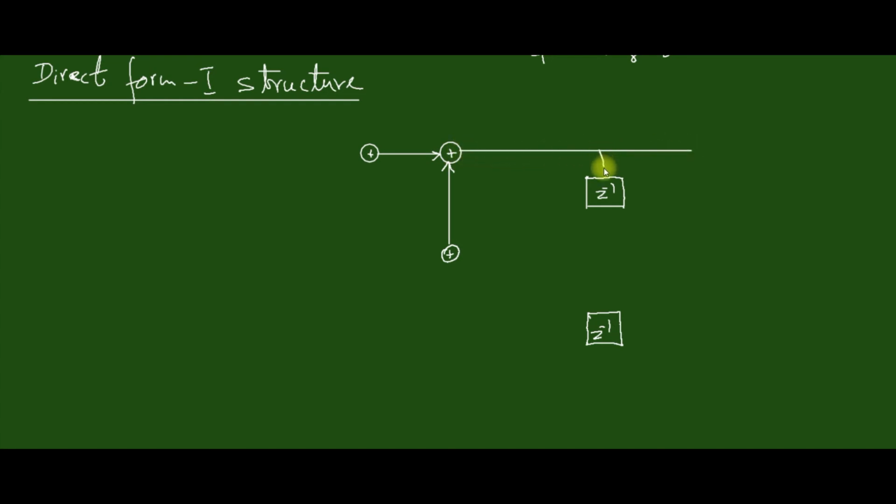Then draw this one and connect these two. And we can draw the A1 coefficient, so the arrow mark here will be in the reverse direction, whereas A0, which is always 1, is in the forward direction.